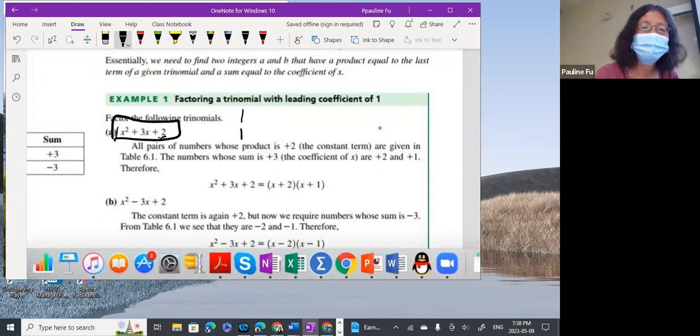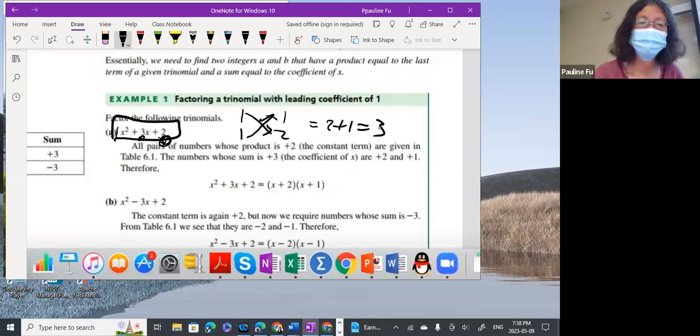Now, which two numbers times together equal 2? Yeah, 1 and 2. And when you cross multiply, the result should be equal to 3. Then you will be successful. This is 2 plus 1 equal to 3. So the result is x plus 1 times x plus 2. That is the final result.